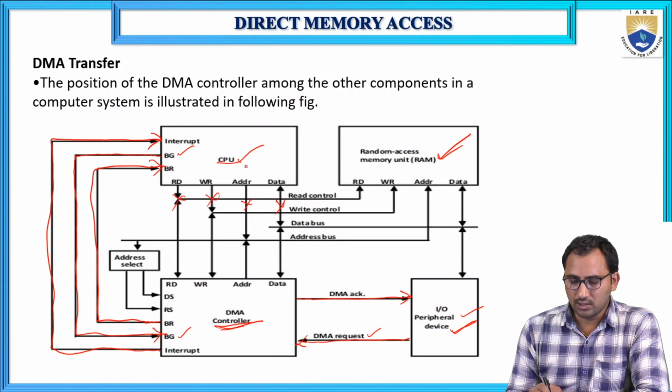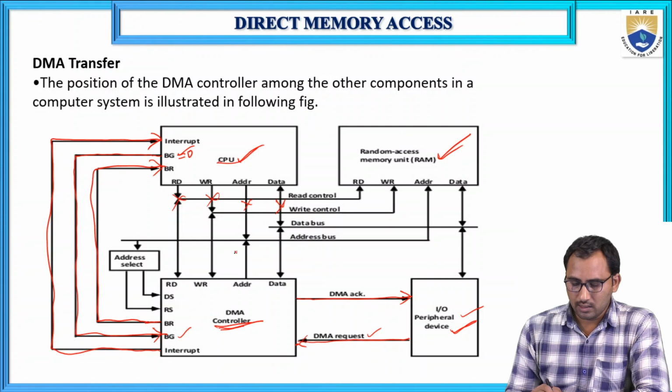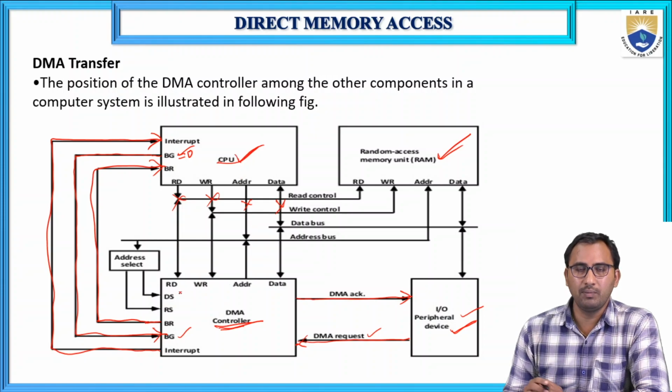Whenever the interrupt is received by the CPU, it disables the bus grant signal, so the bus grant signal will be equal to 0. Then all the buses connected to the DMA controller will be disconnected, and the buses will be connected to the CPU. Now the CPU can perform its main operation, that means executing some important programs.